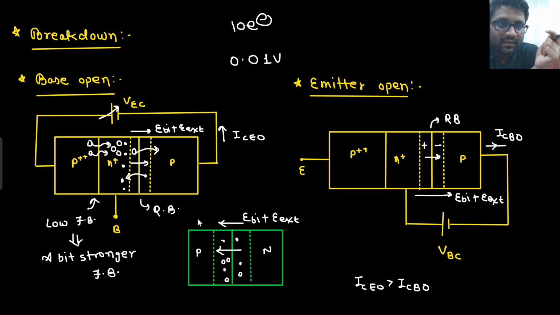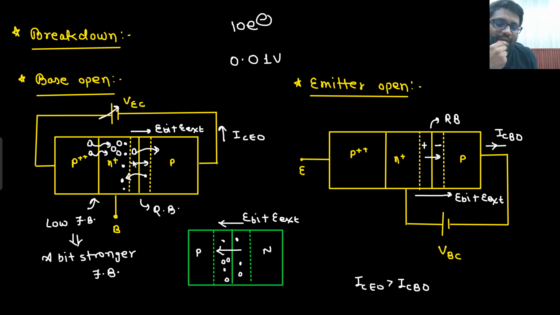Along with that, N plus became more negative and the emitter junction became more forward biased. More forward bias means more holes will be injected from P plus to N plus. Just as these holes got into this N plus region, there was already a very strong electric field, which drifted those holes. And because of that, the current became much larger.